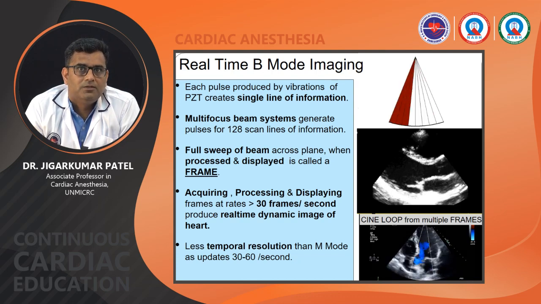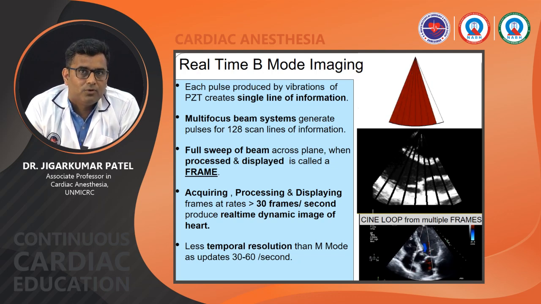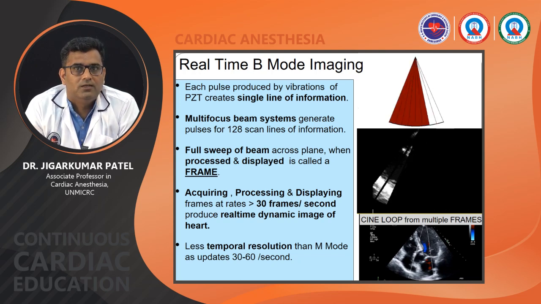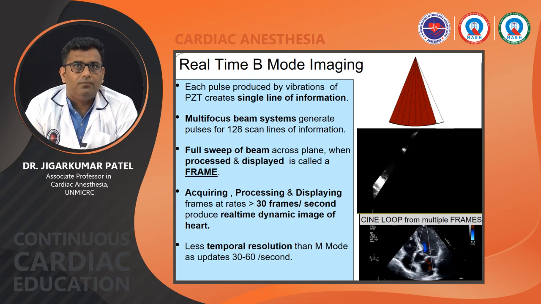A full sweep of this beam across the plane, when processed and displayed, is called a frame. Acquiring, processing and displaying frames at a rate of 30 frames per second produces a real-time dynamic image of the heart, as you see in the lowermost area. It has less temporal resolution than M mode, as the frame rate is around 30 to 60 per second.